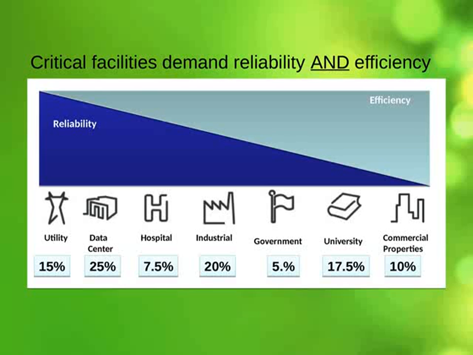Obviously, utilities, data centers, and hospitals tend towards the reliability side, while government, university, and commercial properties lean towards the efficiency side. The amount of savings potential with each segment and category.